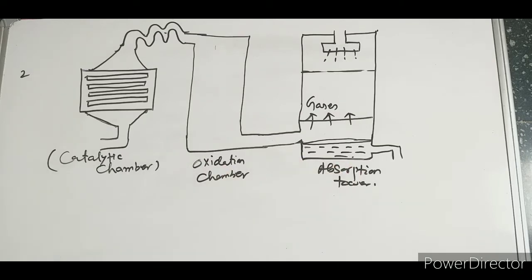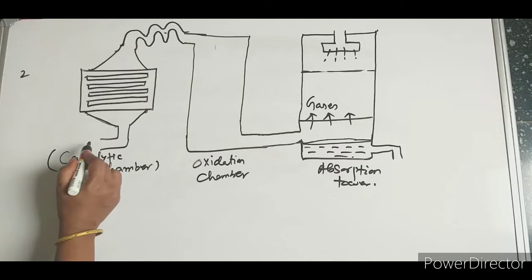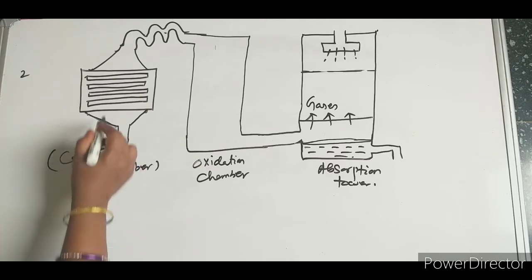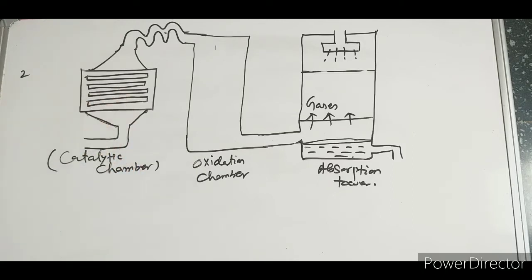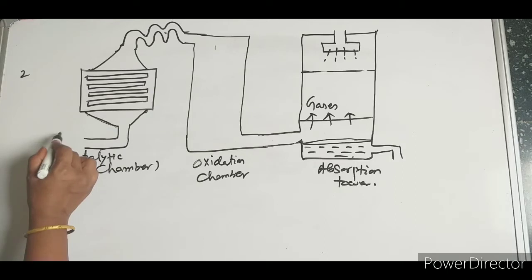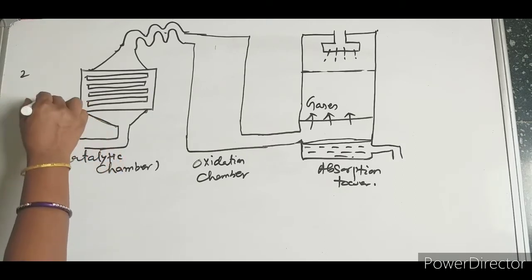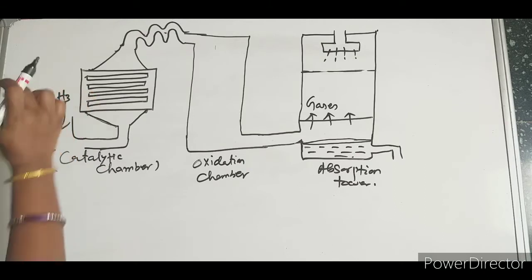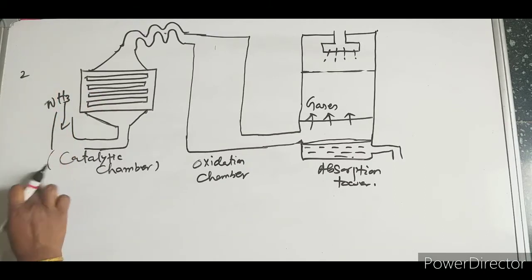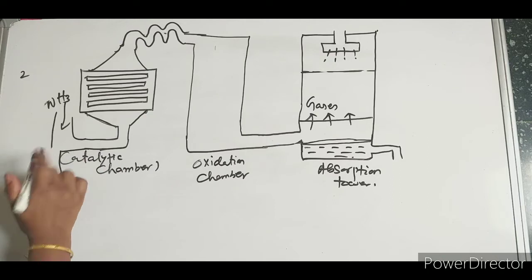First of all, let us see what we take. I told you in the first step ammonia is converted to nitric oxide. Let us take pure ammonia here, and this one will be oxygen.